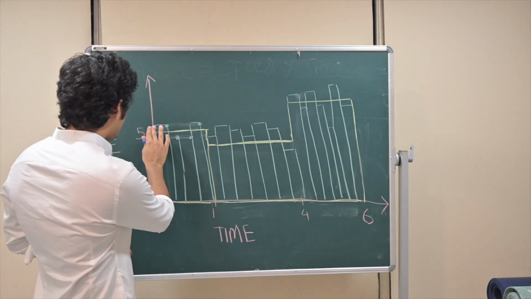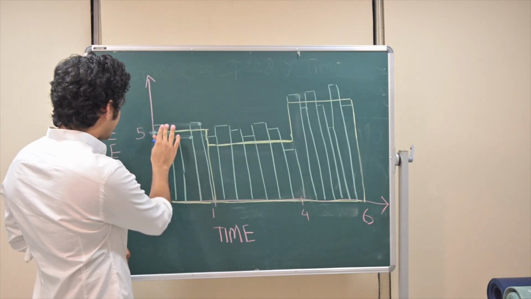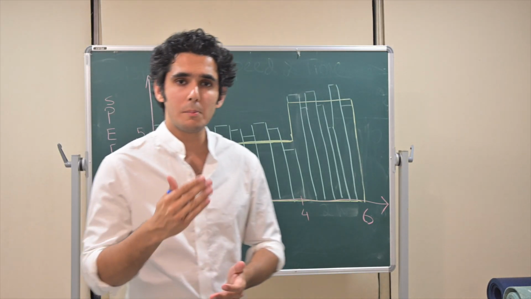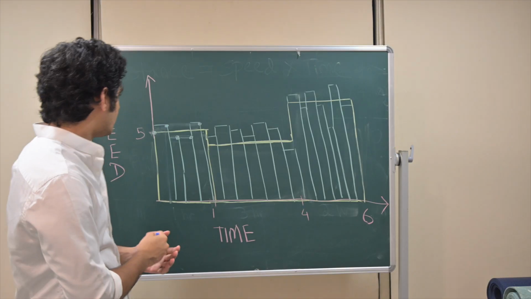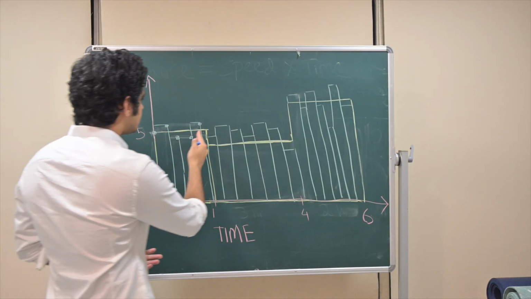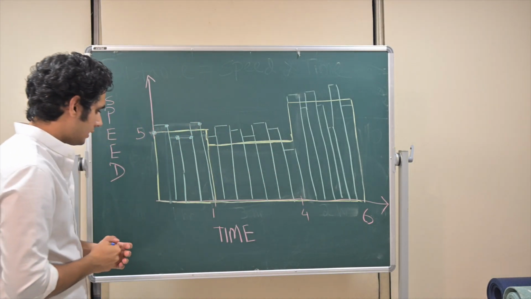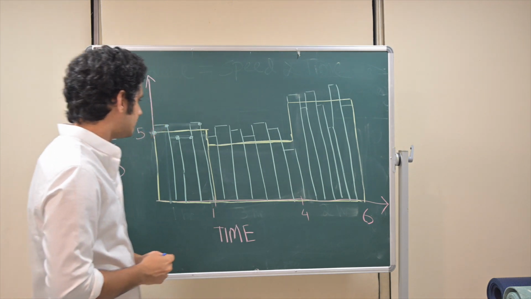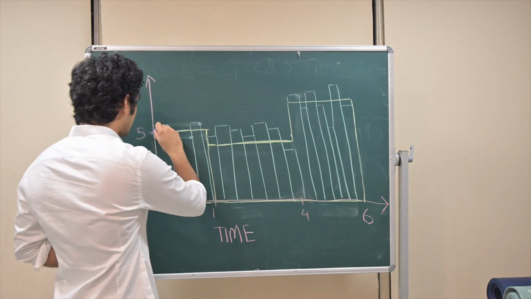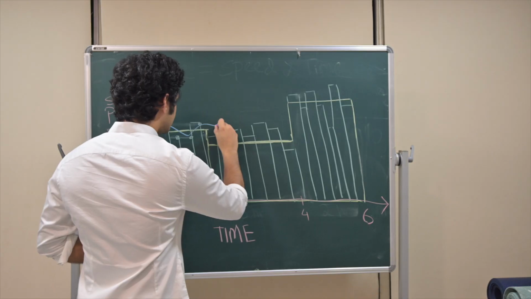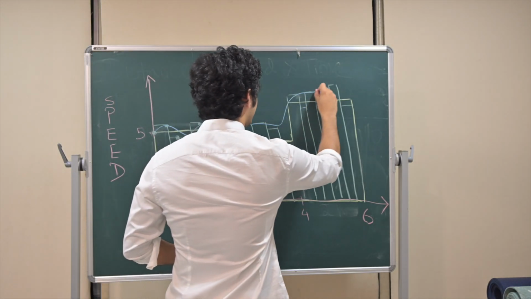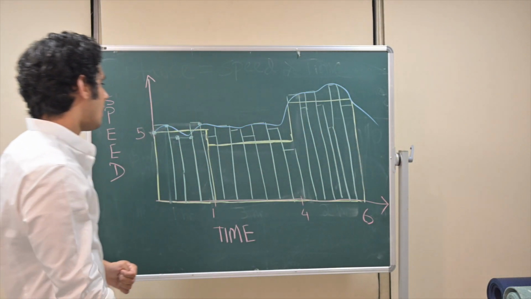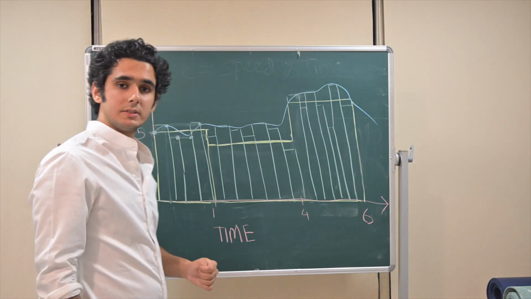We will never be able to have a straight line like this. So, a more accurate way to represent the speed across our bicycle journey would be a curve of this sort that kind of traces out the edges of these boxes.